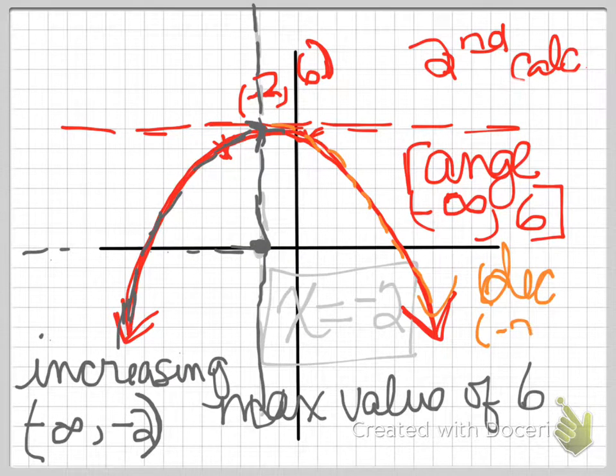Starting at negative 2, again, not a bracket, but a parenthesis, and going all the way to infinity, this function is decreasing. If this were an upward going parabola, those increasing and decreasing would be swapped.